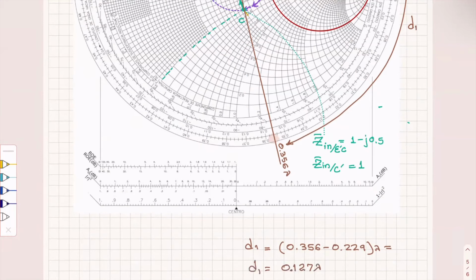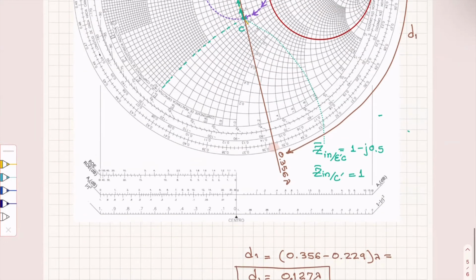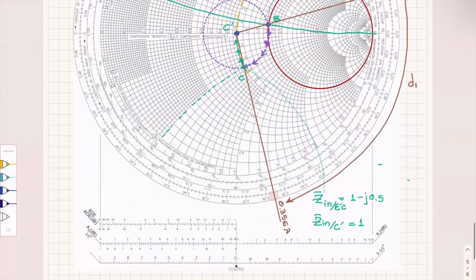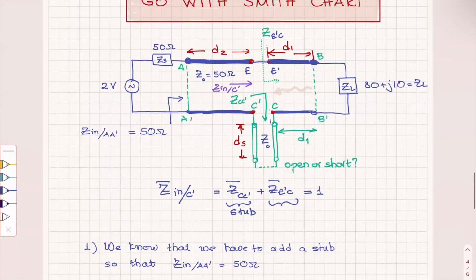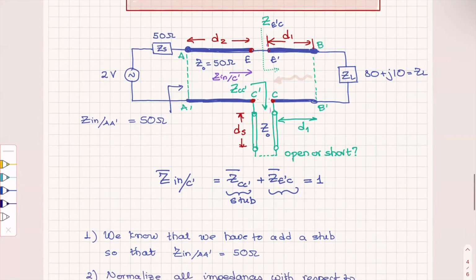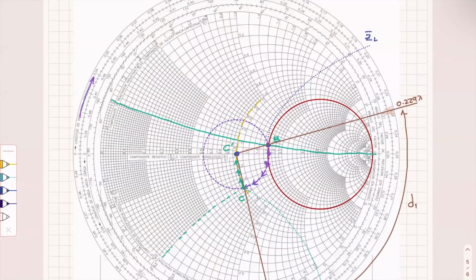So I have to move along the line by D1, which is 0.127 lambda, until I place the stub. And then after I place the stub, I'm at the center of the Smith chart.